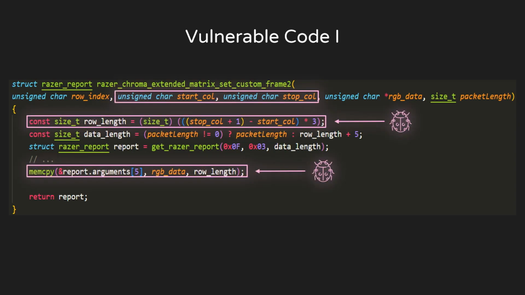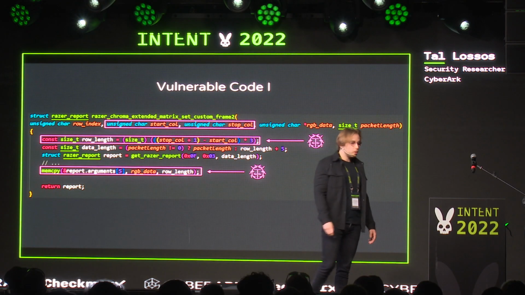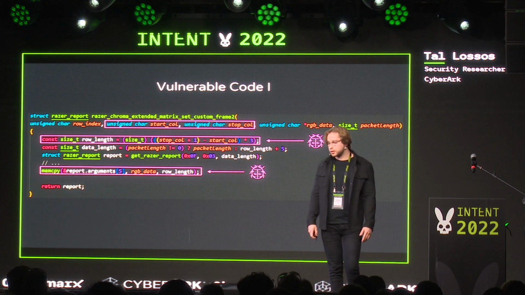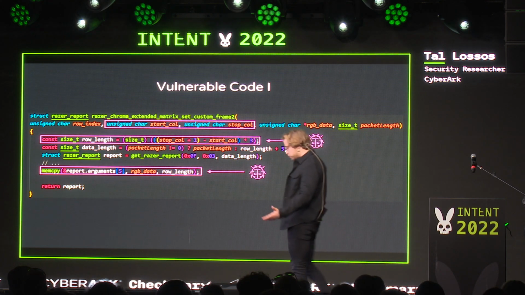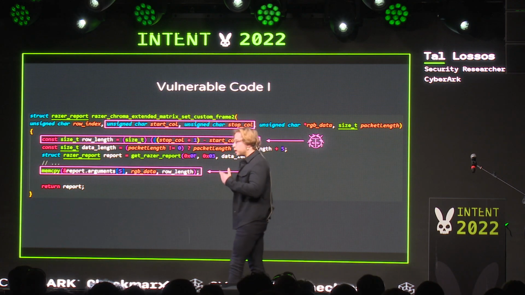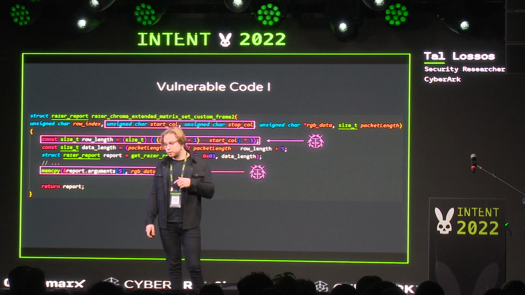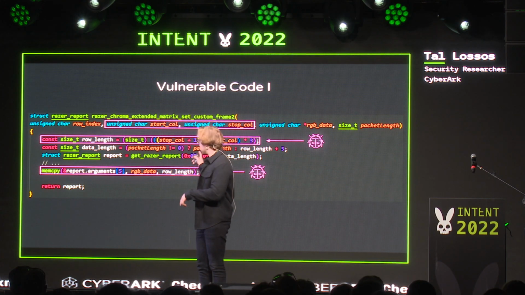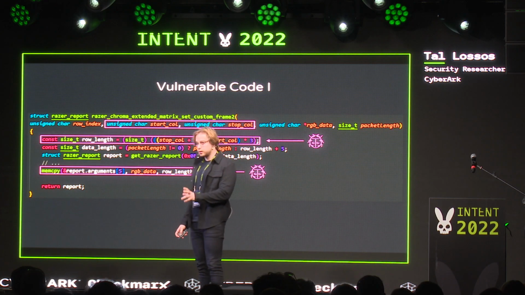All right, so as mentioned, all of these 4 variables are fully user-controlled. And the row length is calculated from the start column and stop column, so we have full control over the size that we copy in the memcpy. I didn't mention that the arguments buffer under the report variable has a length of 80 bytes.